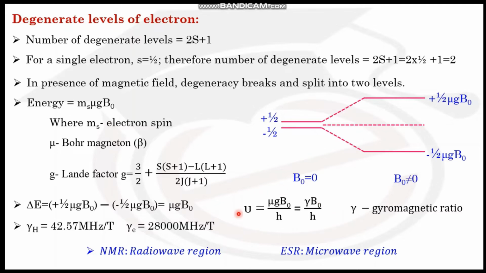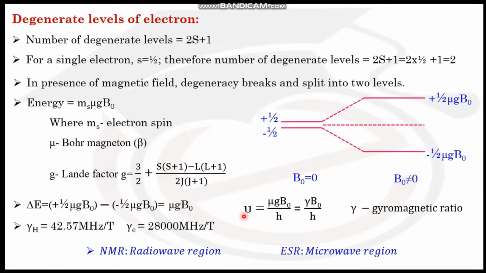And this equation for frequency, that also you have to remember, because mostly the questions asked from this section are the calculation or numerical part. Frequency and magnetic field values, two or three will be given, and the fourth one we have to find out. Frequency and B0, magnetic field versus frequency.